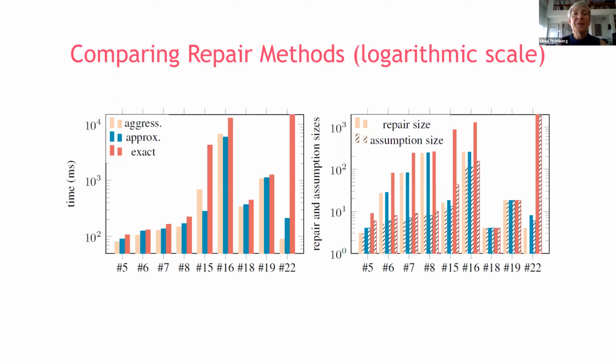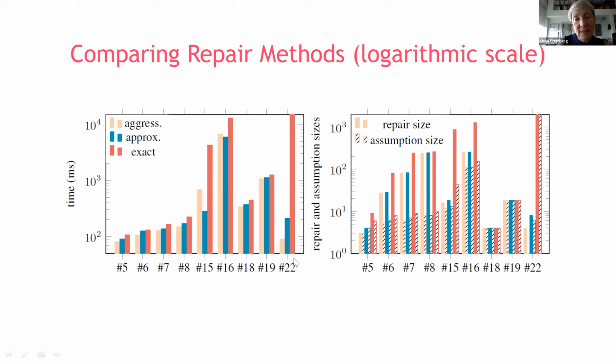So now we have the experimental results, which compare the three repair methods, and we see that, as expected, the exact is usually much more expensive than the approximate and the aggressive.